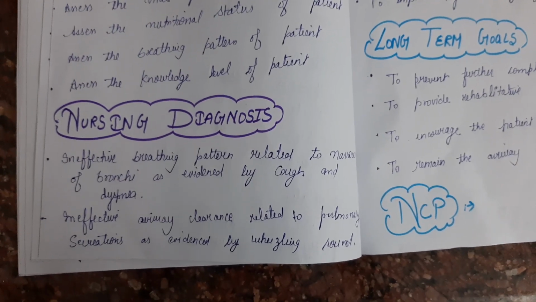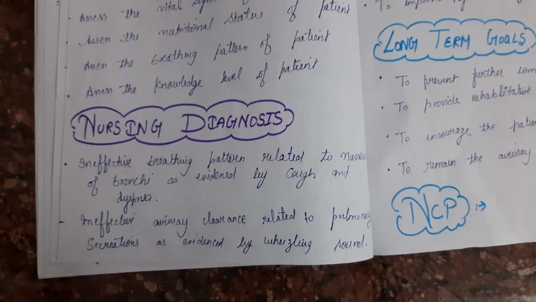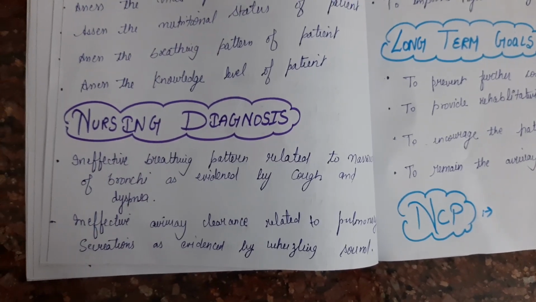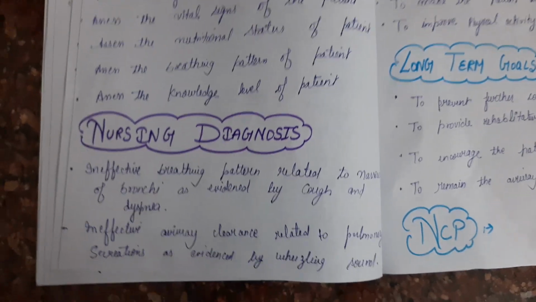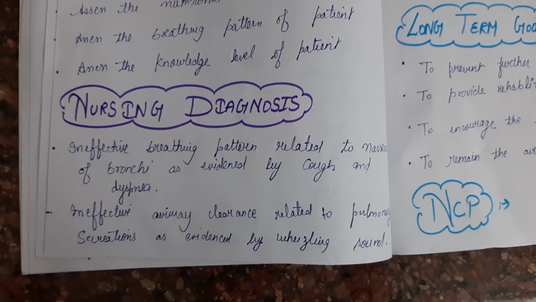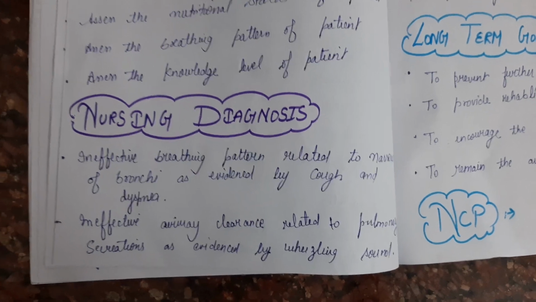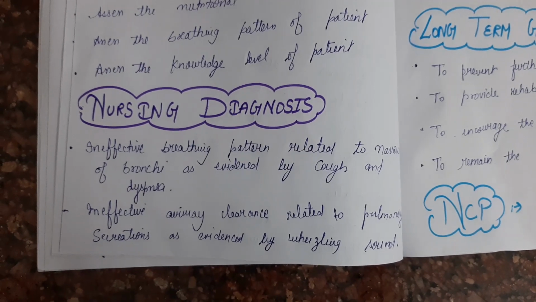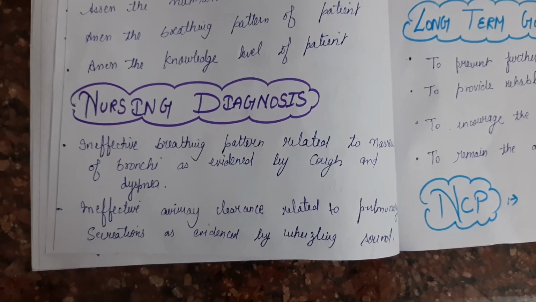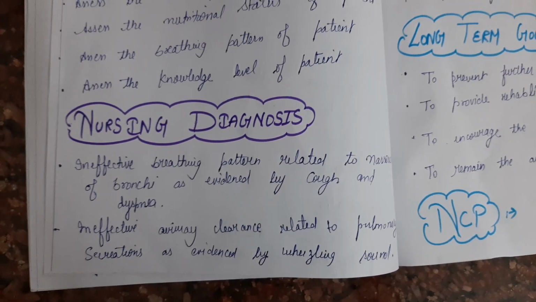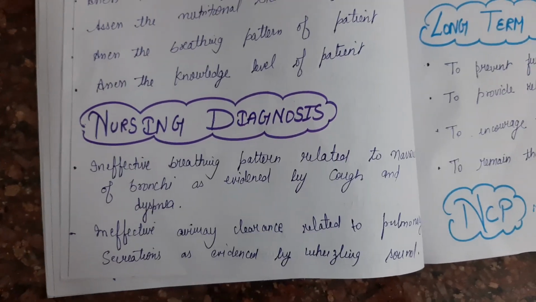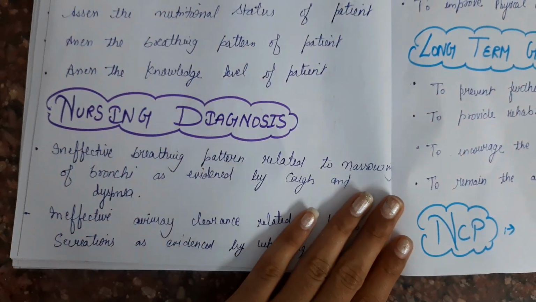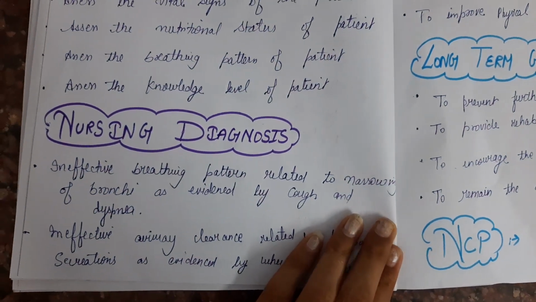So we have to properly maintain the diagnosis of the patient according to priority. First of all, in the asthma patient, what is the priority? That is insufficient breathing pattern. The asthma patient is not able to breathe properly, having an insufficient breathing pattern related to the narrowing of the bronchi.